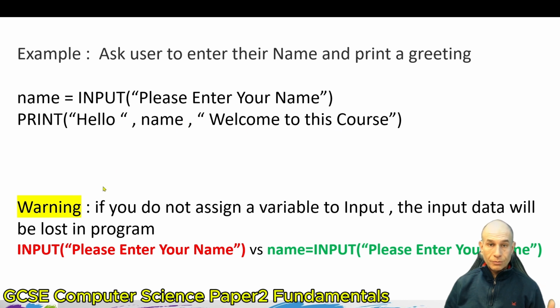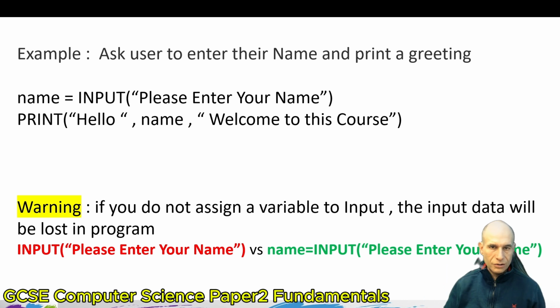You just need to remember, if you do not assign a variable to the input, because this happens a lot with students in their GCSE exams, they just put input, "Please enter your name", and they do not put this part. You always have to assign it to a variable. If you just put input without any equal sign and do not assign it to a variable, whatever the user has entered inside your program will vanish.